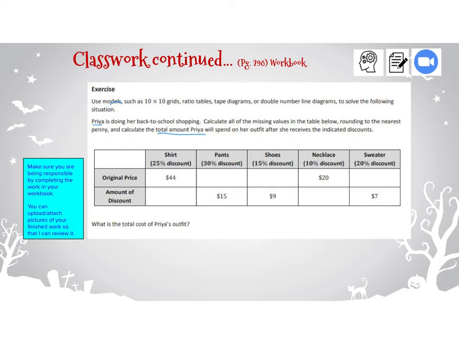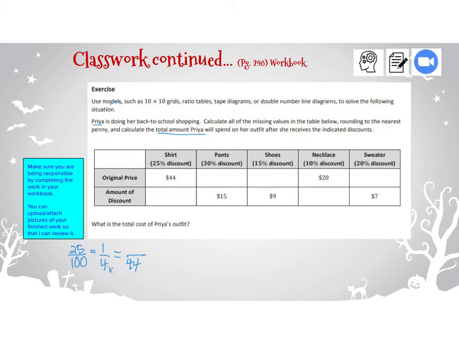The shirt, I'll do my work down here. The shirt says it's 25% off. So I'm going to go 25 over 100. And when I reduce that, 25 cents out of $1 is 1/4 of the dollar. And then that equals, it says the original price is 44.